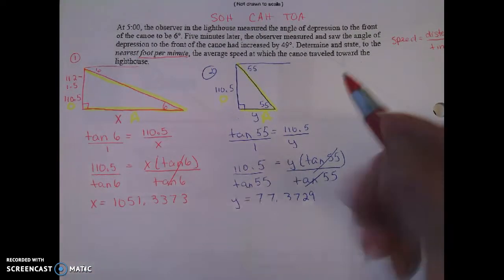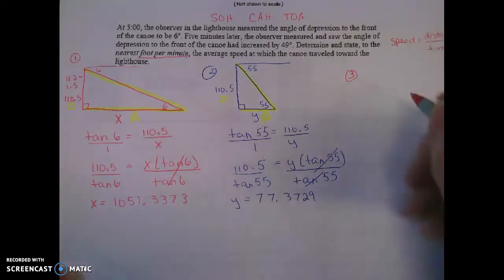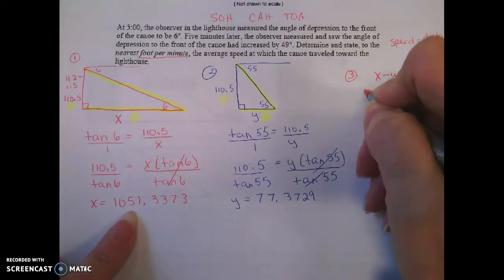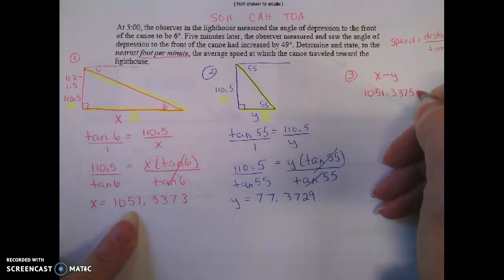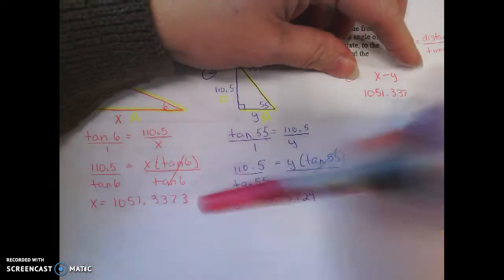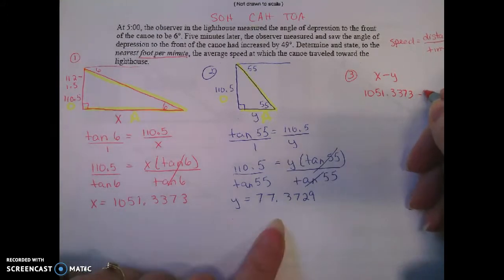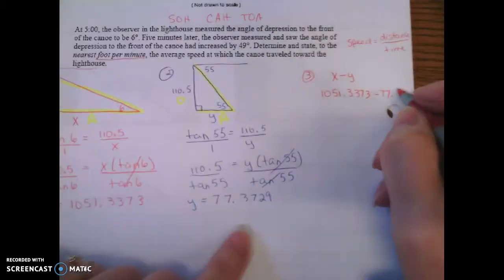So this is now step 3. My distance traveled is going to be my x value minus my y value. So I'm just going to copy these down. Oops, that's supposed to be a 3. I don't know where I got a 5 from. This number minus the 77 point 3729. I'm going to go off paper.